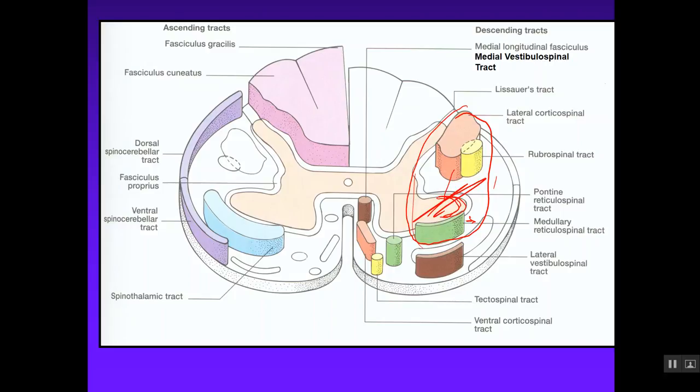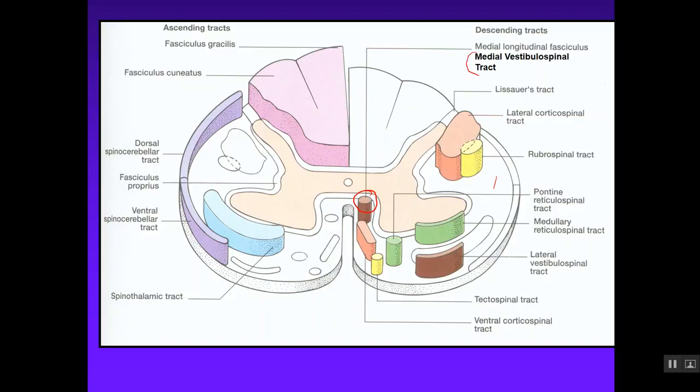Okay, terminology on this is what always gets people messed up. In this picture, and even in your neuroanatomy textbook, the nice Crossman book, this pathway right here in the cervical spinal cord is the medial vestibulospinal tract.